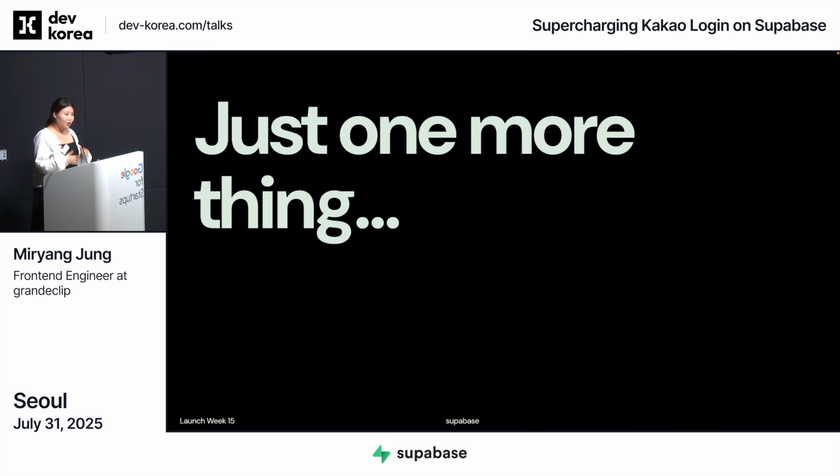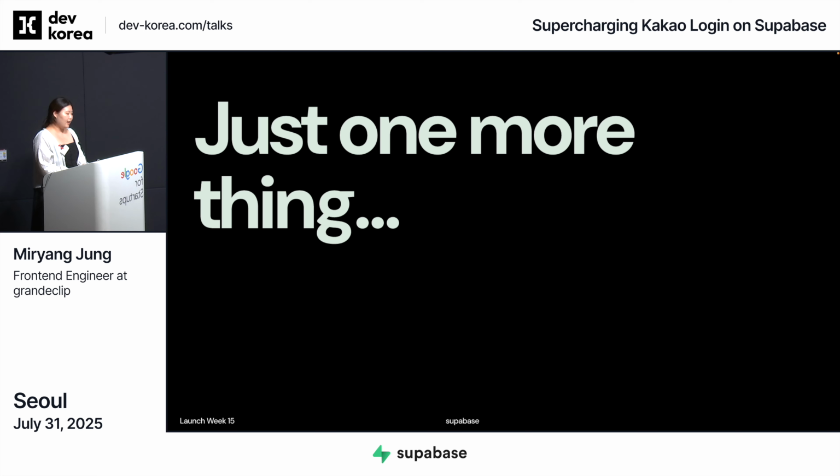Many of you here, as developers, have probably felt this at least once. You use a great open source tool like Supabase, but for one feature, you wish you could adjust it a bit. For me, that moment was Kakao login on Supabase in a mobile app.